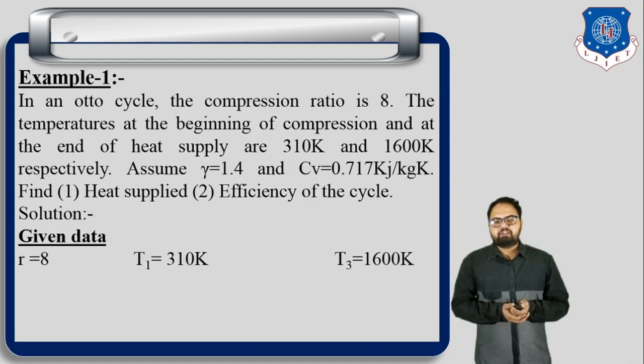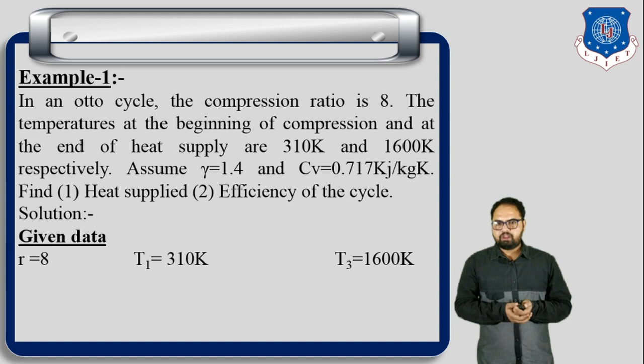First of all, the compression ratio R is equal to 8, T1 is equal to 310 Kelvin, T3 is equal to 1600 Kelvin, gamma is equal to 1.4 and Cv is equal to 0.717 kilojoule per kilogram Kelvin. Our first step is to find out the value of T2.